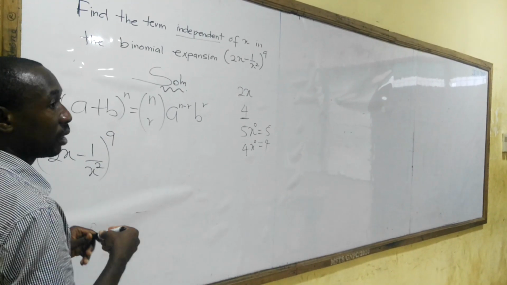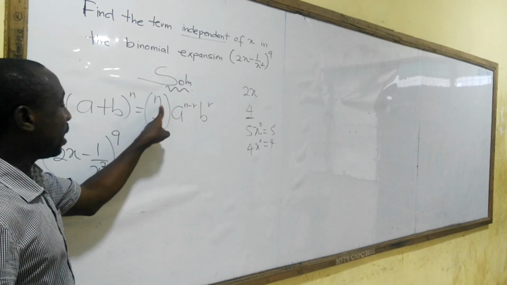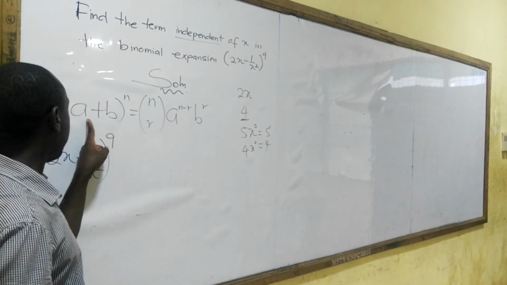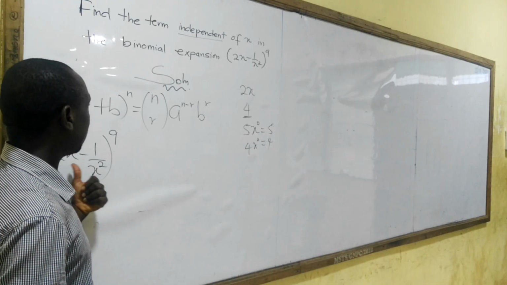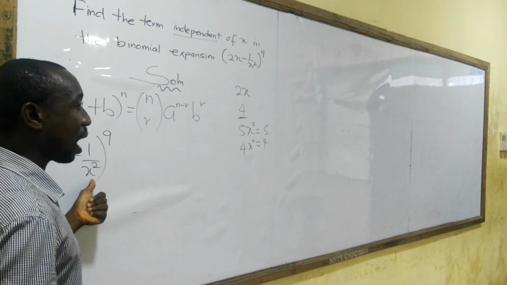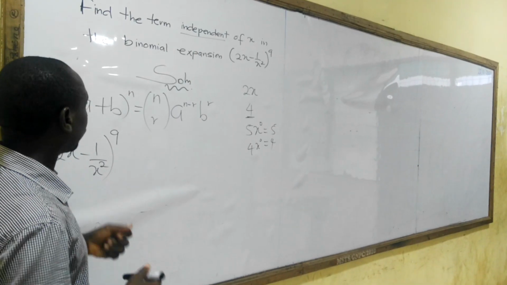And so if I have 2x minus 1 over x squared all to the power 9, our n here becomes 9, our a becomes 2x, and our b becomes negative 1 over x squared.